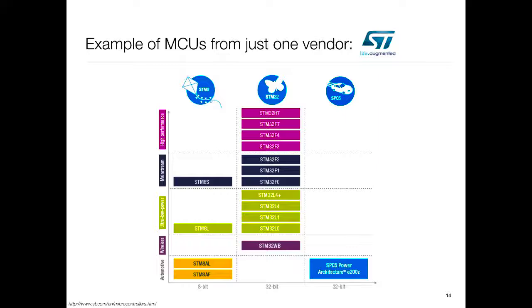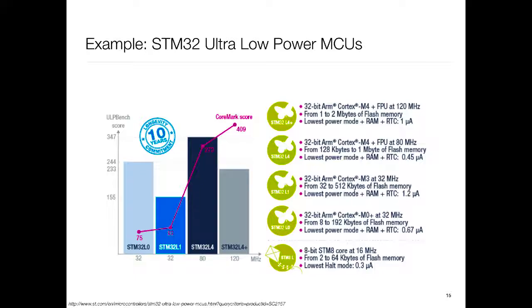So they are basically divided by different target markets. If you are very power constrained, looking for something in microwatts with very low power sleep modes, you'll probably look here. Then within each of those families, they have a whole bunch of other choices: different frequencies, different amounts of memory, and different kinds of power management.